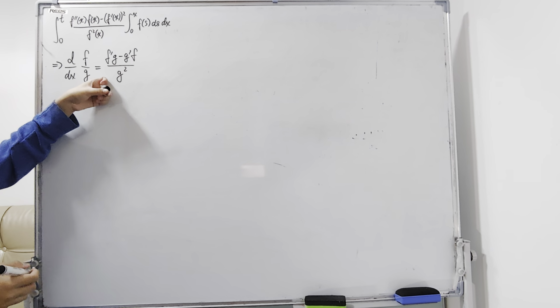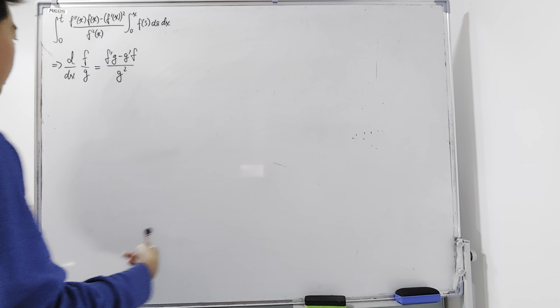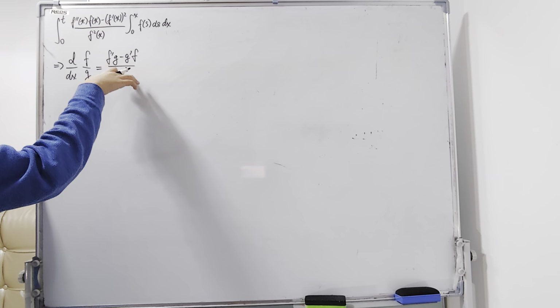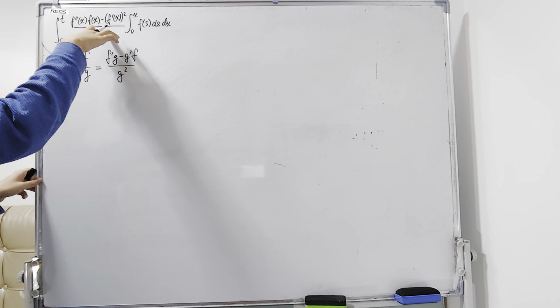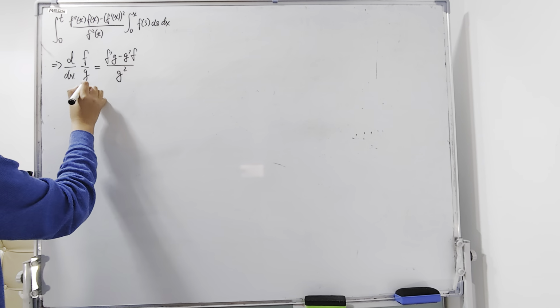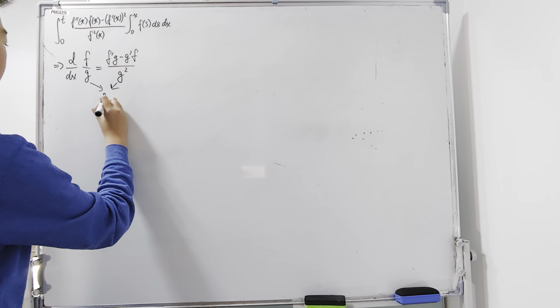You can derive this from the product rule if you set 1 over g as another function, and so on and so forth. You get this expression. So here we have a g squared in the denominator, and here we have an f squared in the denominator as well. So here, this g function is just going to be f.